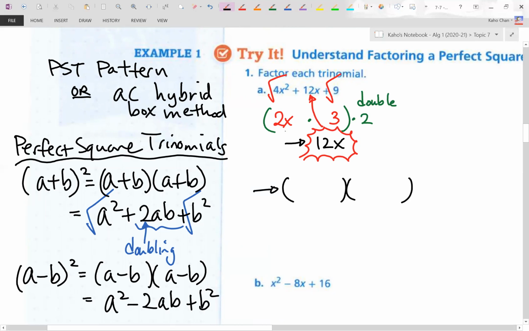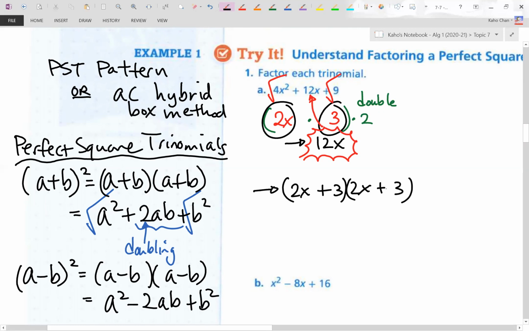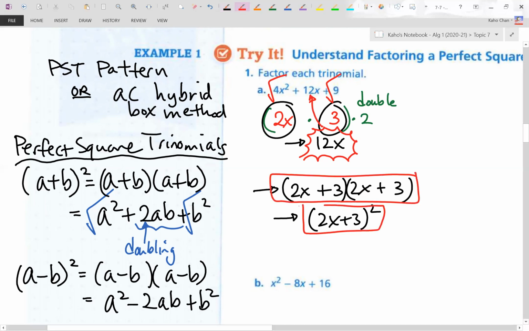And it becomes literally what we just got a second ago, the 2x and the 3. It's all positive, very good. So this is simply 2x plus 3 squared. So either one of those is acceptable for an answer when it comes to factoring.